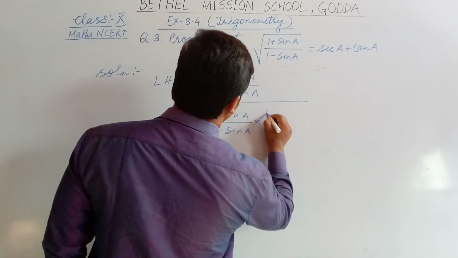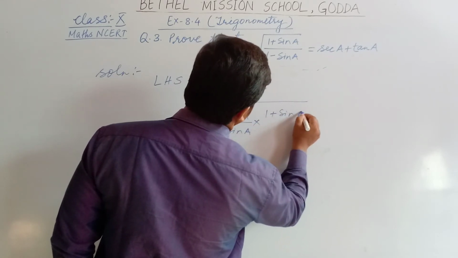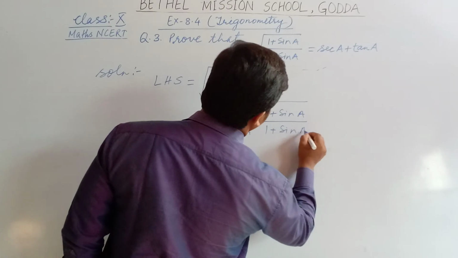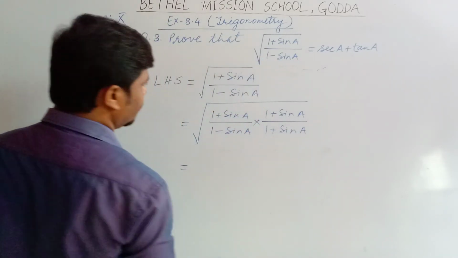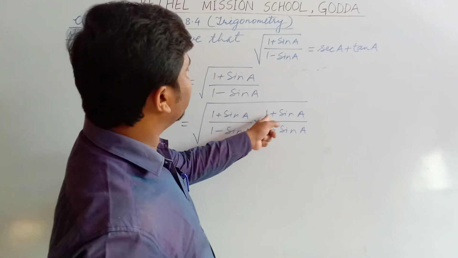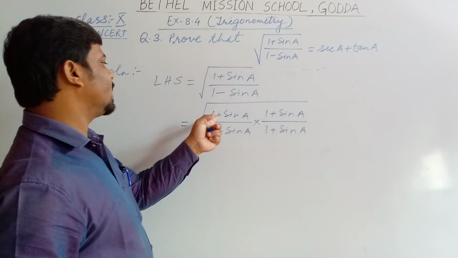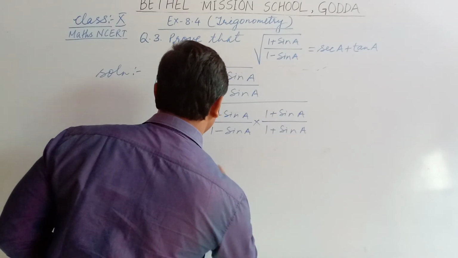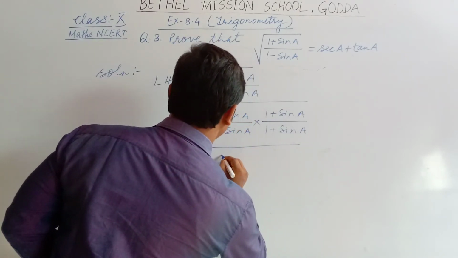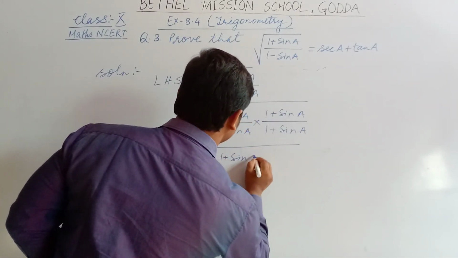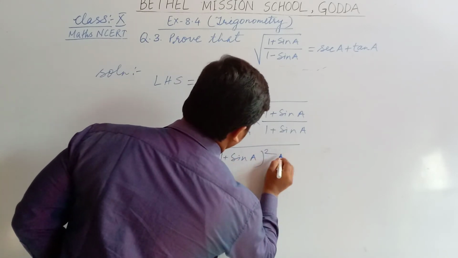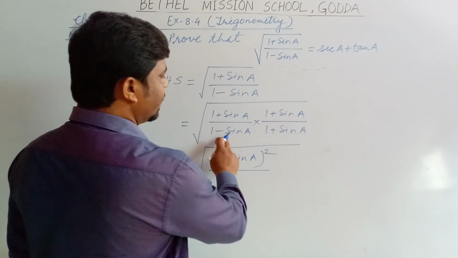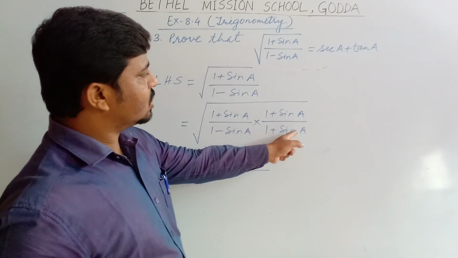So 1 plus sin A upon 1 plus sin A. See here, 1 plus sin A, 1 plus sin A. The concept is A plus B into A plus B, and this will be under root 1 plus sin A whole square and 1 minus sin A, 1 plus sin A.